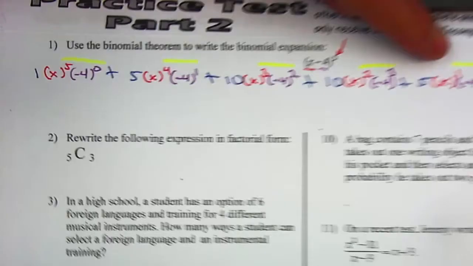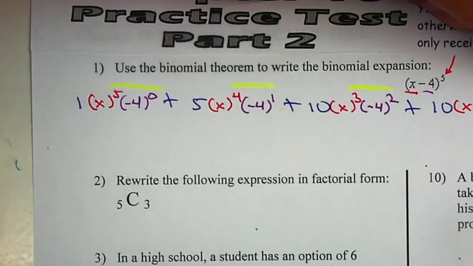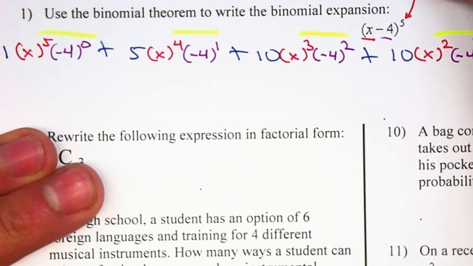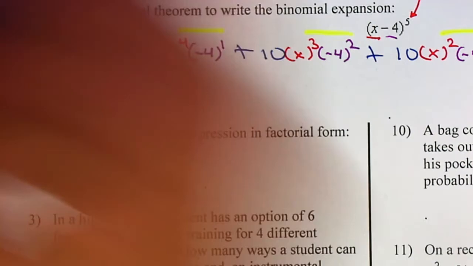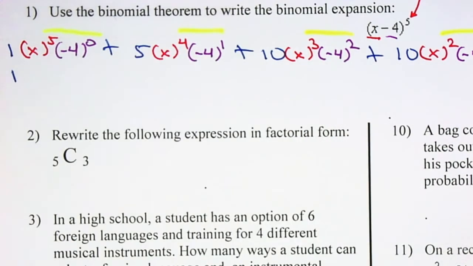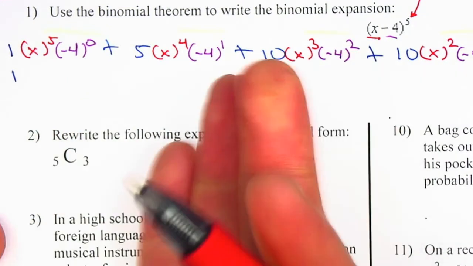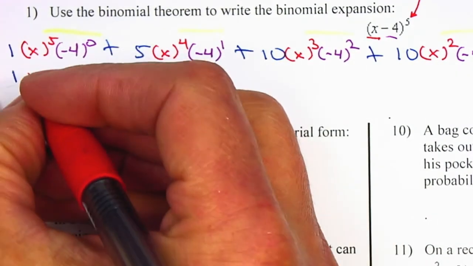Now, I'm going to simplify each of those terms. For the first one, I have a 1. X to the 5th power is x times x times x times x times x, which is just x to the 5th.